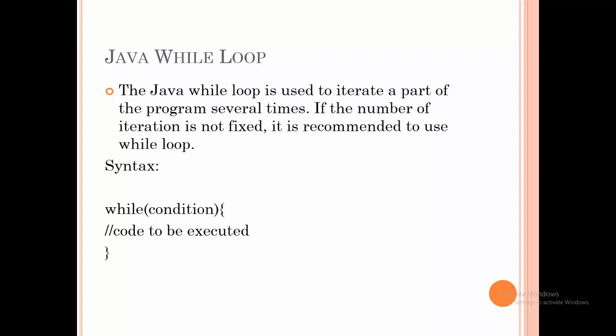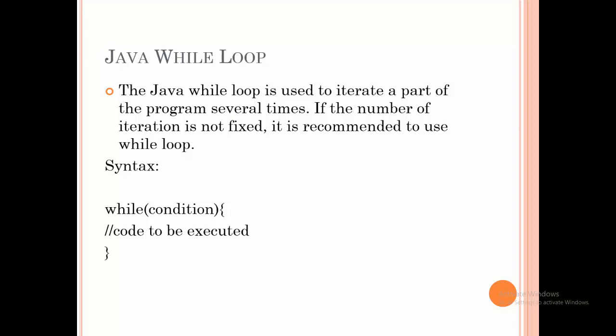A while loop is also a control flow statement that allows code to be executed repeatedly based on the given boolean conditions. Based on the condition, it will repeatedly execute the code. The while loop can be thought of as a repeating if statement.